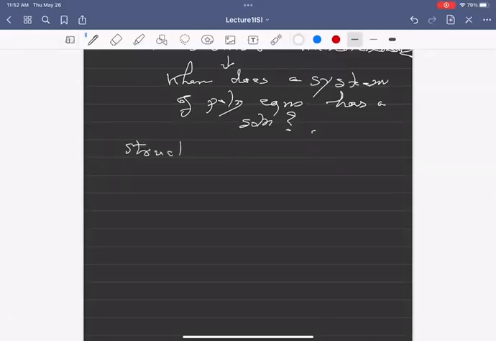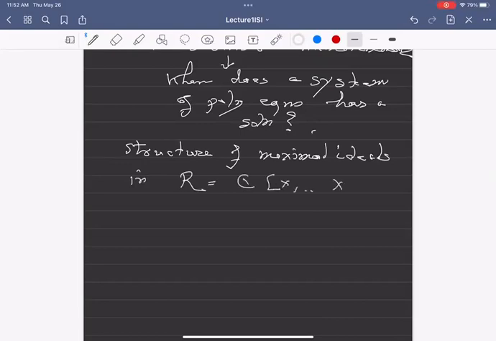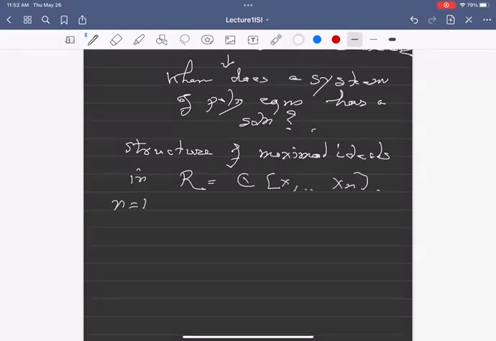So let us first understand the structure of maximal ideals in our ring R in many variables. Okay, so suppose n is 1, then my R is simply a polynomial ring in one variable.